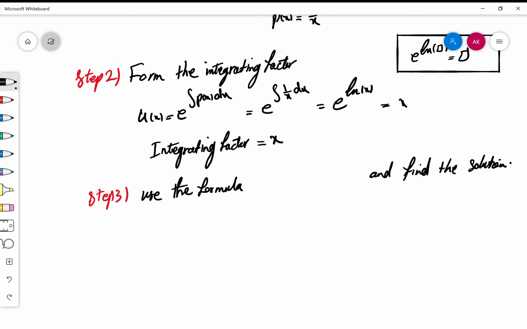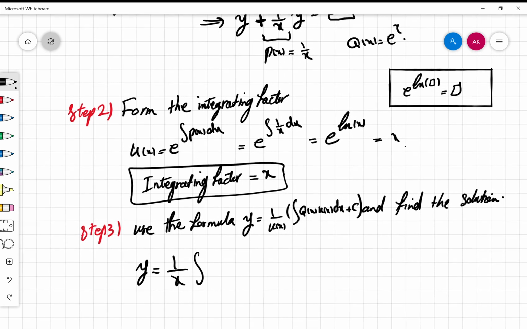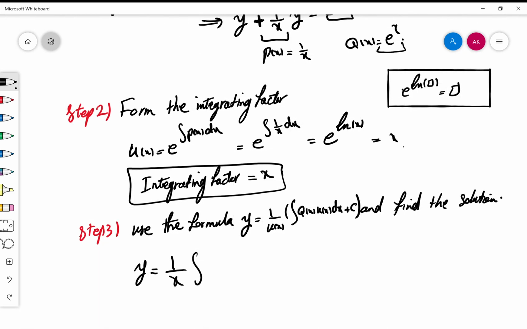Well, what was the formula? The general solution is equal to 1 over u(x) times the integral of q(x) times u(x) dx, and then don't forget that plus c in that antiderivative. Okay, so in this case, remember, the integrating factor is x, so 1 over x times the integral of, what is q(x)? q(x) is e to the power x, so e to the power x times x dx.